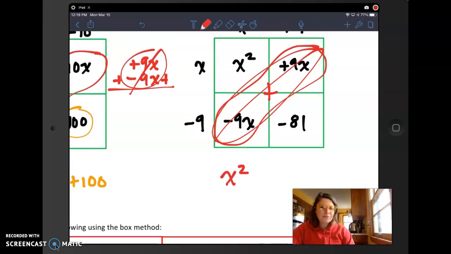We rewrite the first number, x squared. Then we have nothing to write because poof, we created a 0. It goes goodbye, so long. And then all we have is the negative 81 left. So it's kind of a unique thing that happens. Nothing too difficult to understand, but just kind of a special thing that happens.